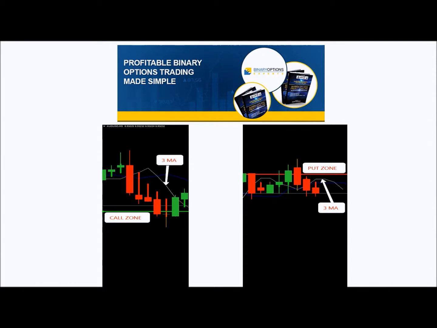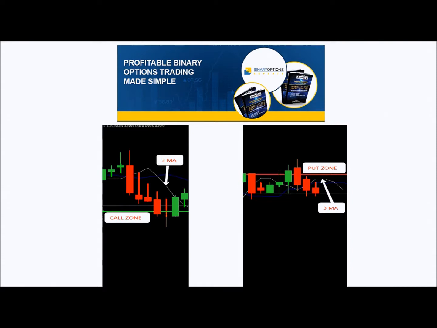First of all, we need to determine when we need to look for a potential setup. What's the first thing that needs to happen? As an example here, on the left side we are in the call zone, the green line under here.